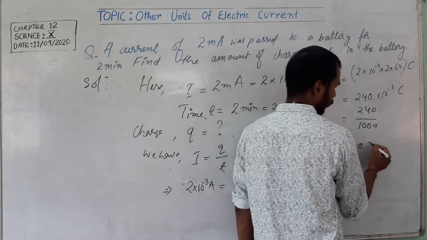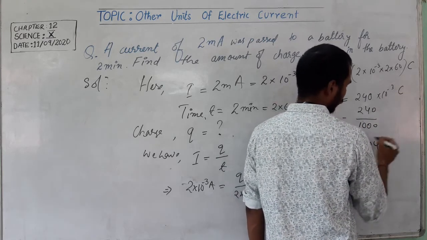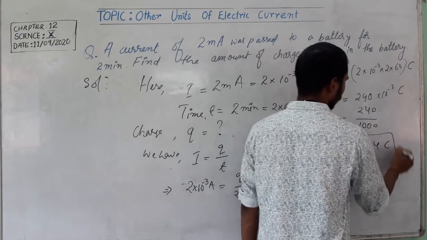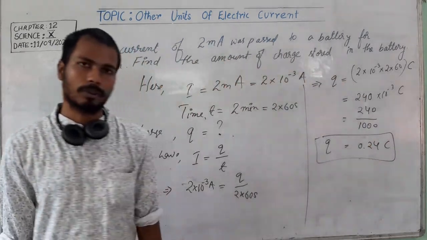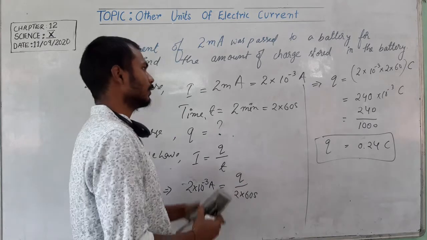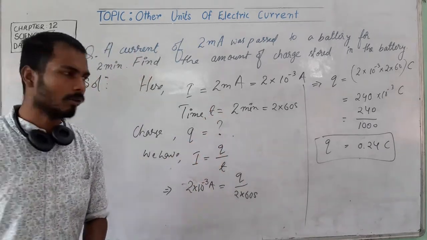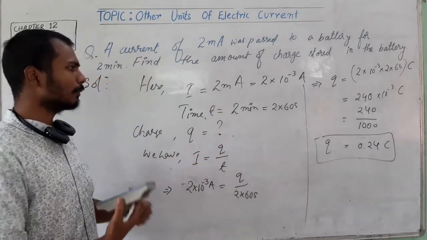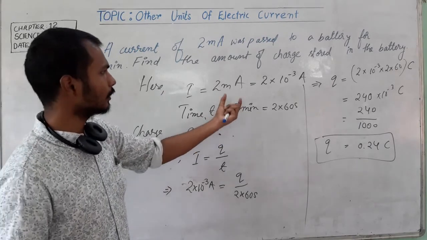This will be equal to 0.24 coulomb. This is the charge stored in the battery. Okay, got it? So this is the question regarding the milliampere unit. In a similar way you can solve problems when there is microampere.